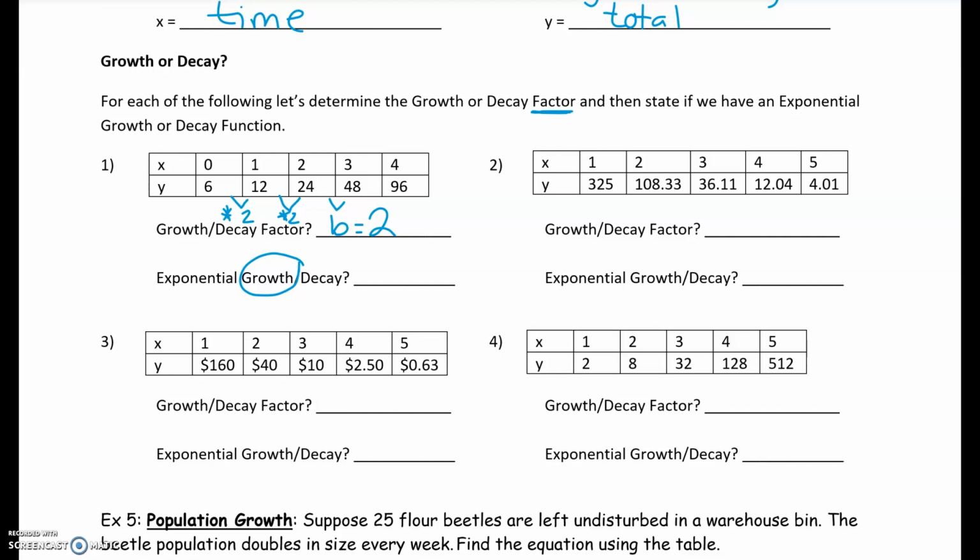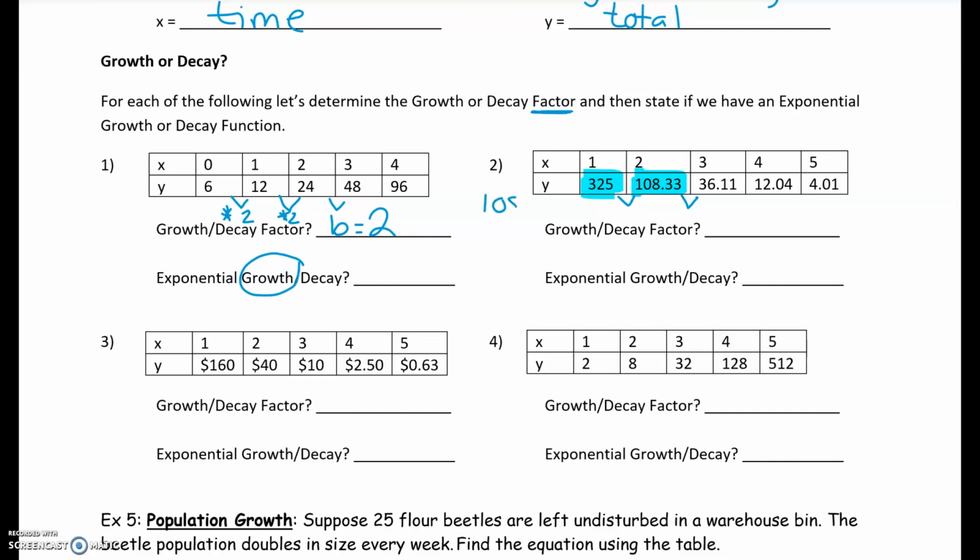But number 2 is not as easy to see as number 1. So I'm asking, well, what do I multiply by to go from 325 to 108.33 to 36.11? Well, first off, we definitely know that this is going down. These numbers are getting smaller and smaller. So one of the easiest ways to figure out this factor is to take the second term and divide it by the first term.